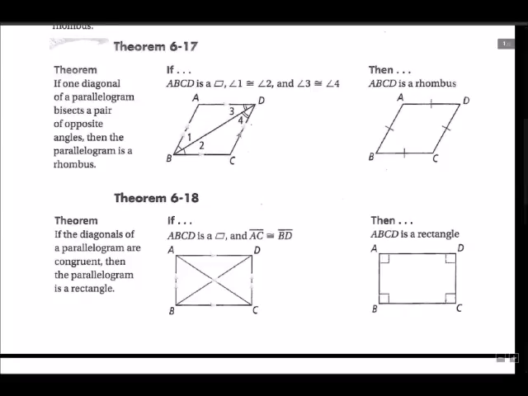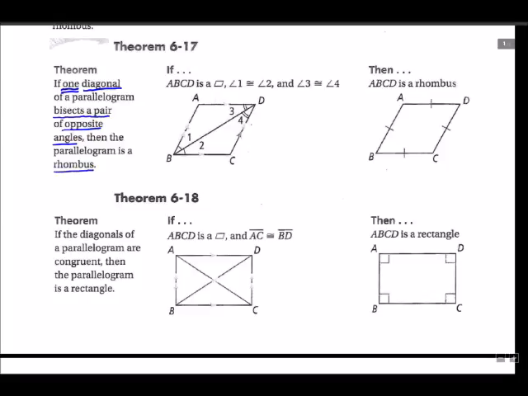It says if one diagonal of a parallelogram bisects a pair of opposite angles. So we know we have a parallelogram, opposite sides are parallel, and our diagonal here bisects the opposite angles, then we have a rhombus.